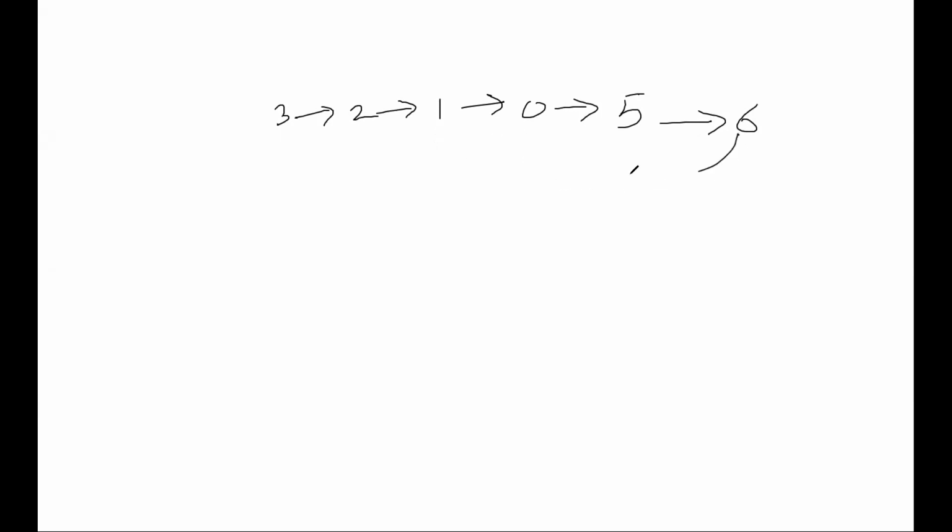What I'm trying to say is, say for example, somewhere here is the meeting point. This is actually the start of the cycle, and the meeting point is somewhere here, where slow and fast meet.